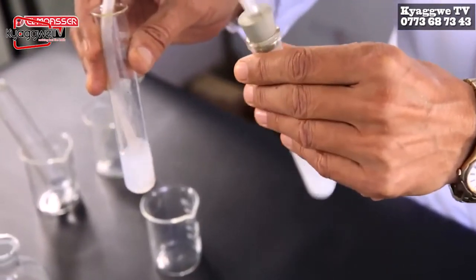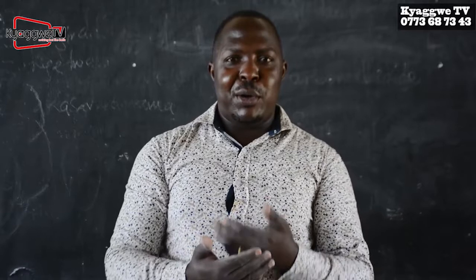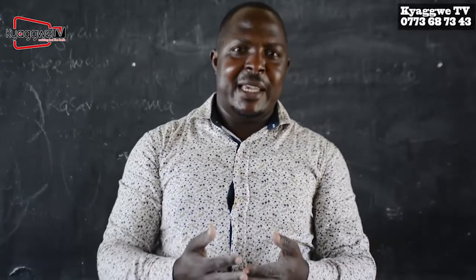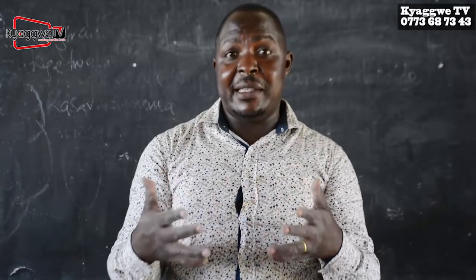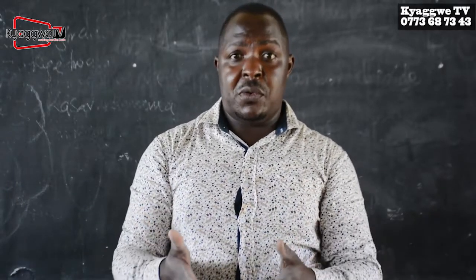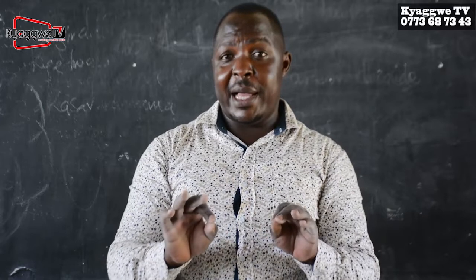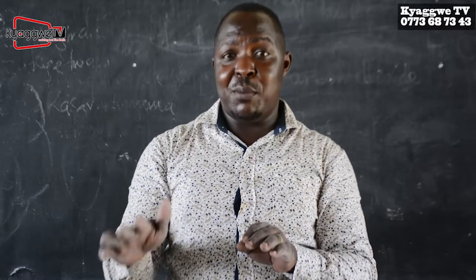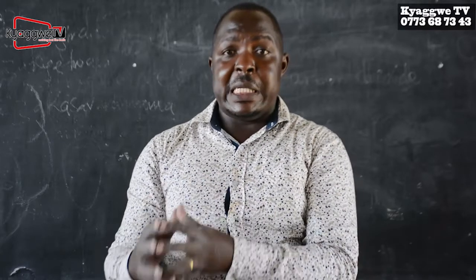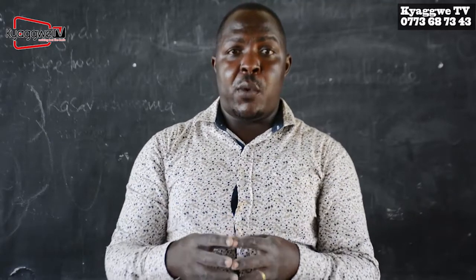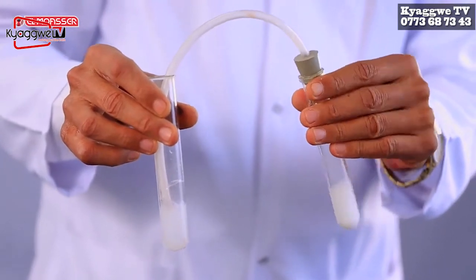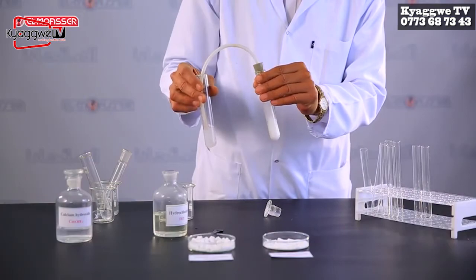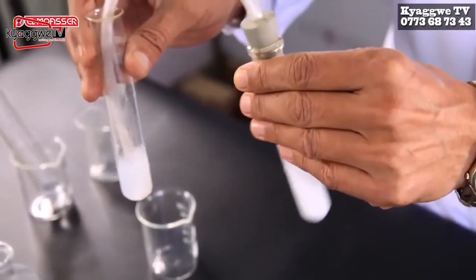When we react carbon dioxide with lime water it turns milky. We have evidently seen this happen in a video. We have seen how to prepare carbon dioxide and how carbon dioxide reacts with lime water. It turns milky. However, when you bubble it to the excess, the turbidness, the milky solution turns clear.